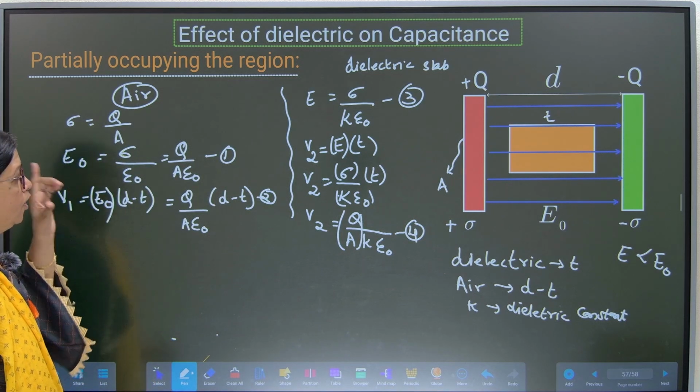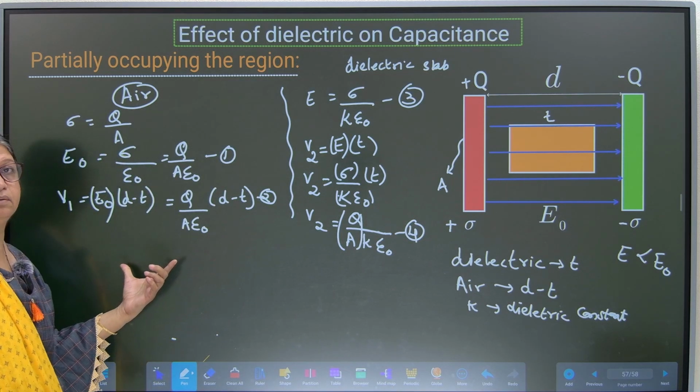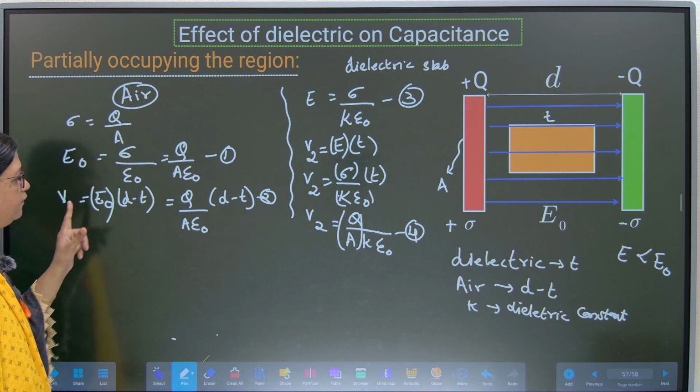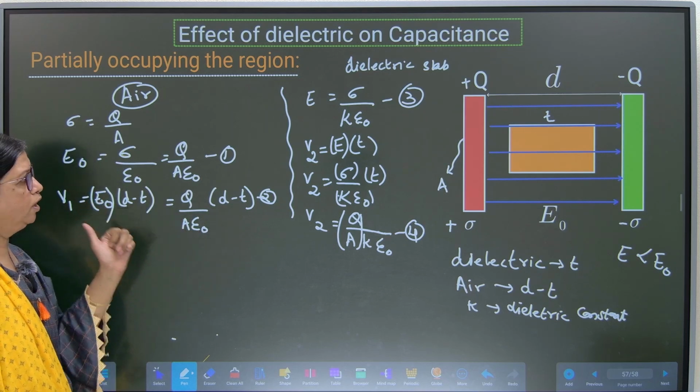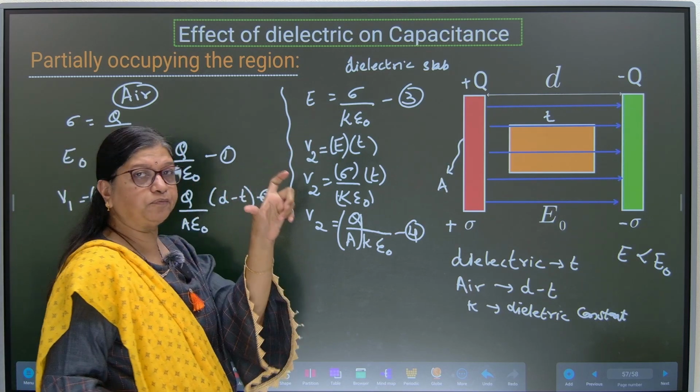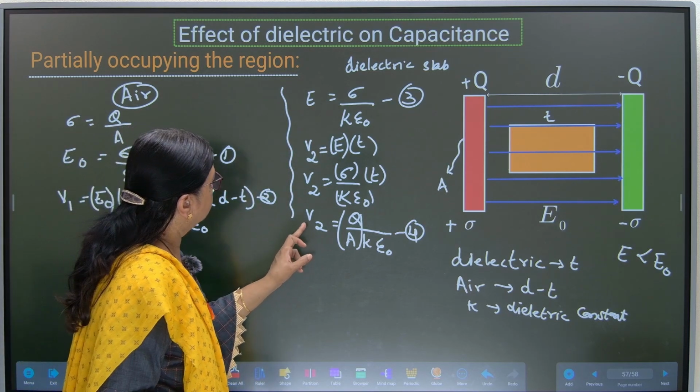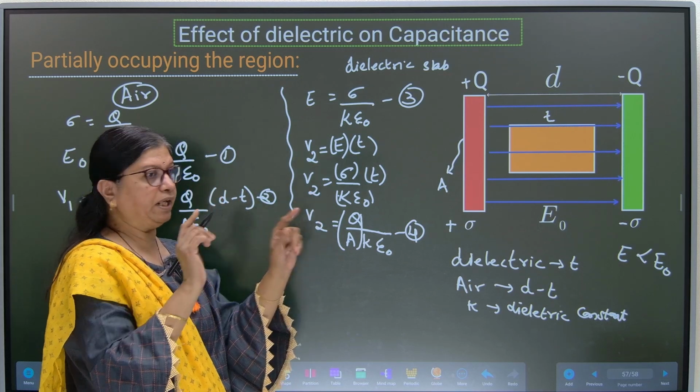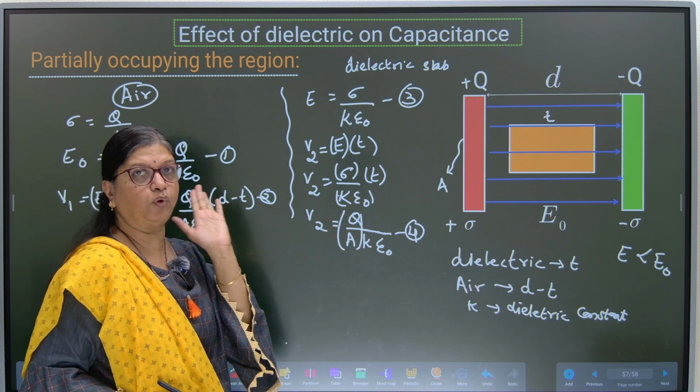So for air, the potential difference is equation number 2. For the dielectric slab of thickness T, the potential difference between the two plates is equation number 4.